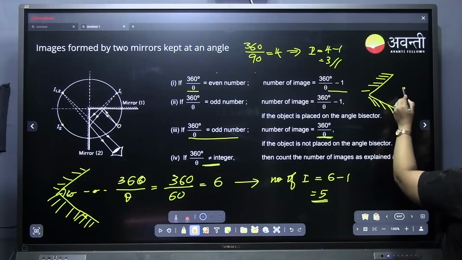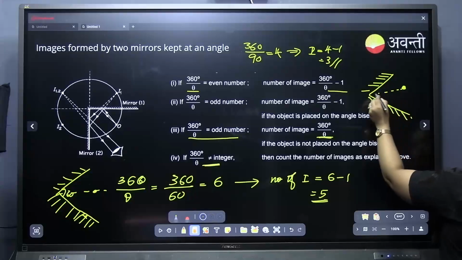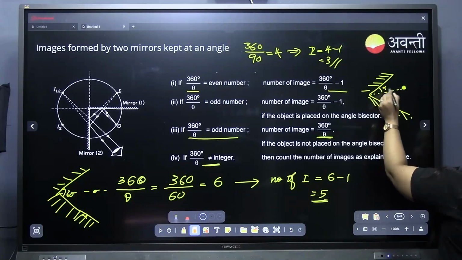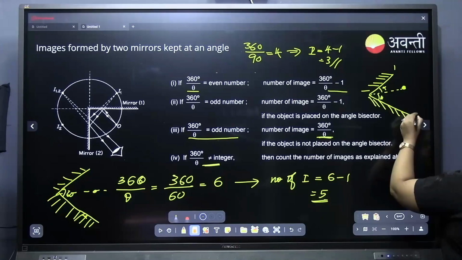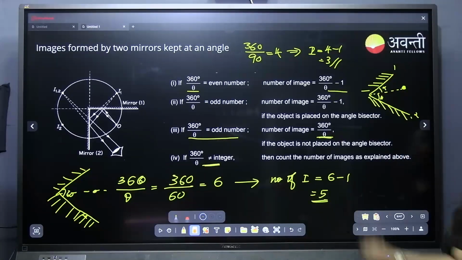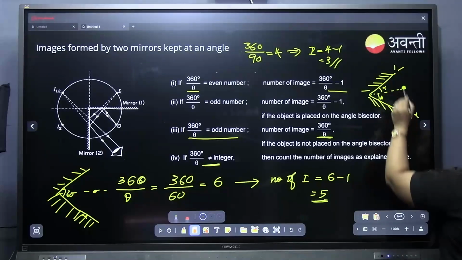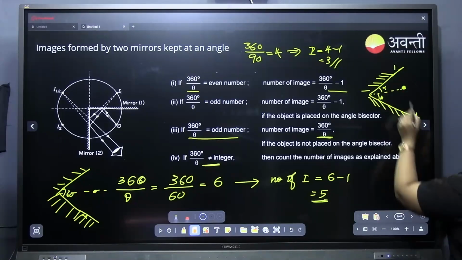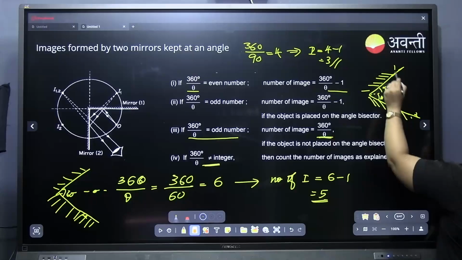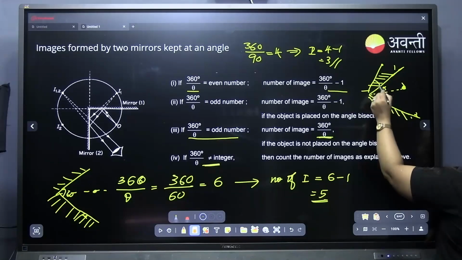Let's say here is the object, and the object is creating angle alpha with mirror 1 and angle beta with mirror 2.